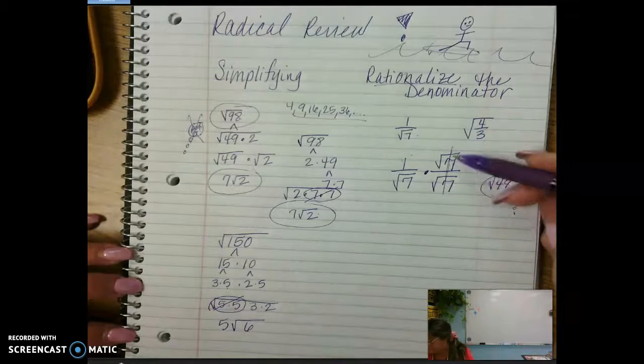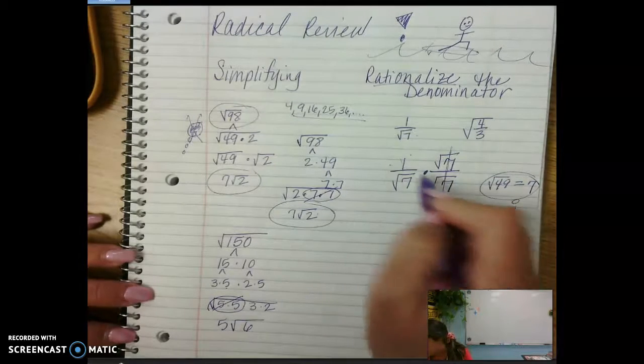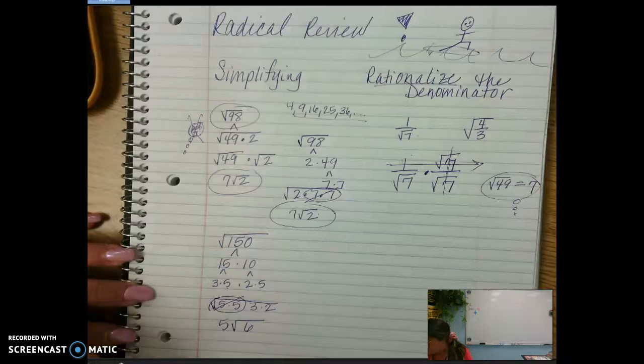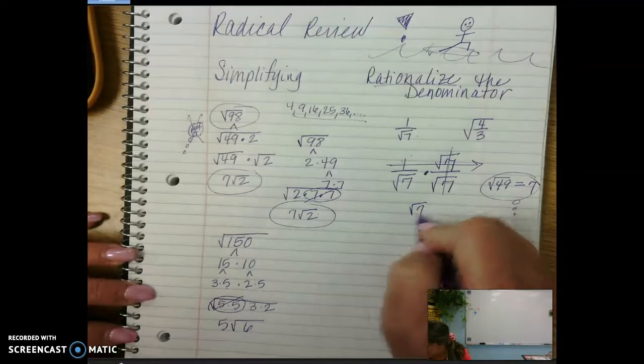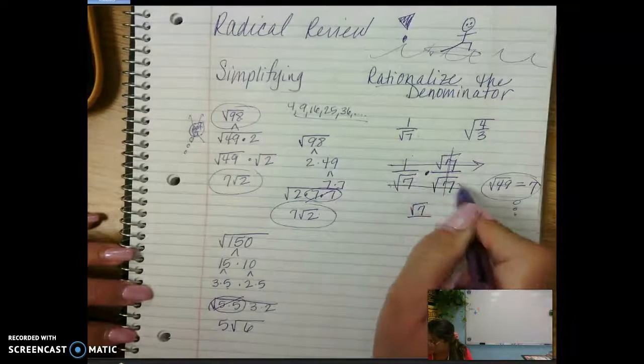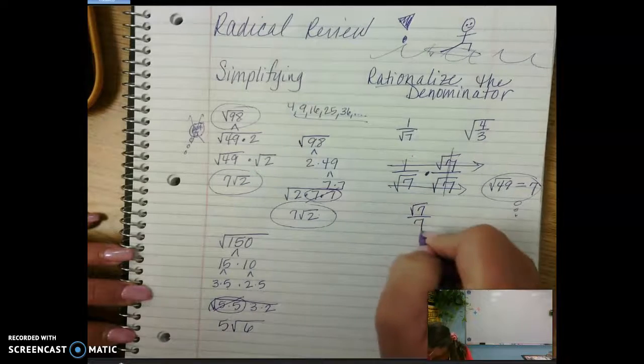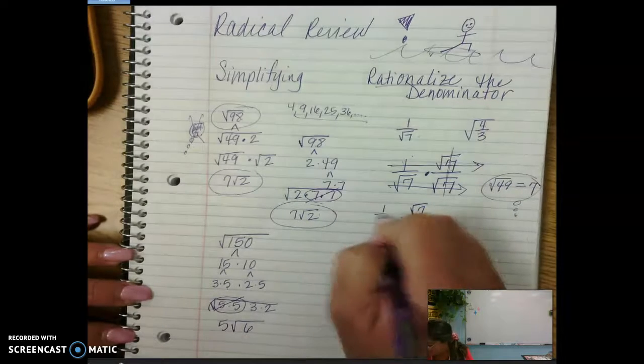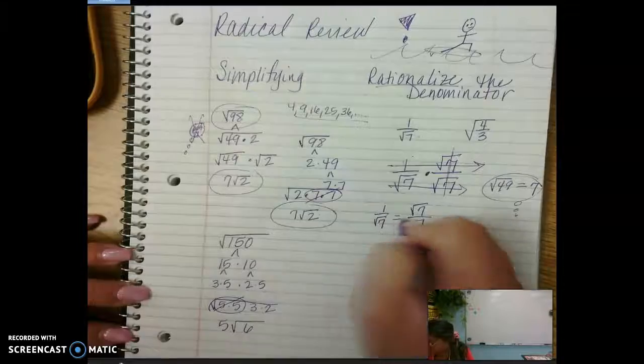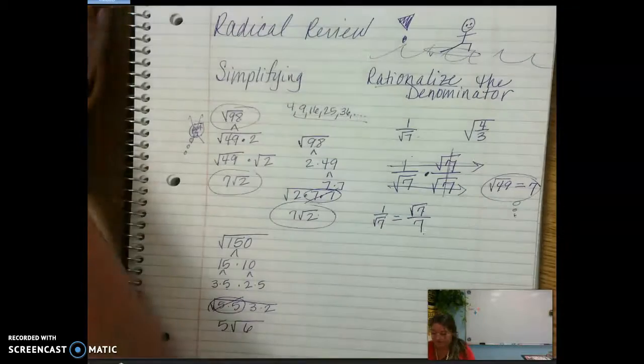Okay, so that's what I'm going to do. So when I multiply the numerators, 1 times the square root of 7 becomes root 7, and then root 7 times root 7 becomes the square root of 49, which is 7. Okay, so 1 over root 7 is the same thing as square root of 7 over 7.